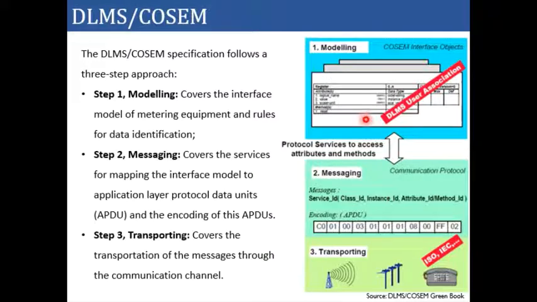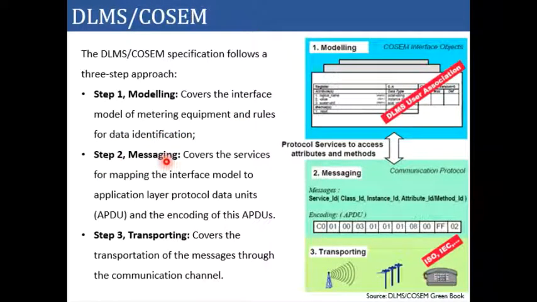The data will be mapped to various classes and then to the corresponding objects as per the DLMS Users Association documents, which are defined in the Green Book and Blue Book. Modeling is required so that the data can be properly mapped to the corresponding methods and objects.